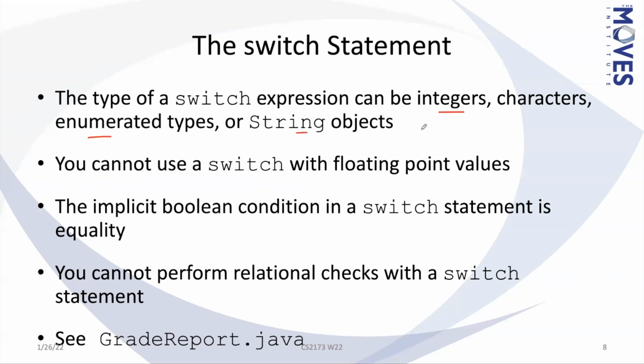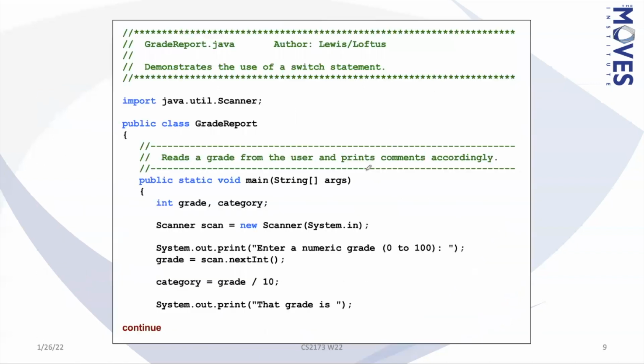So the only possible things you can use for a case are integers, characters, enums, or strings. We can't use it with floating point values, because the idea is that you want absolute equality. And as we showed previously, equality with floating point values is not something that you really want to do.